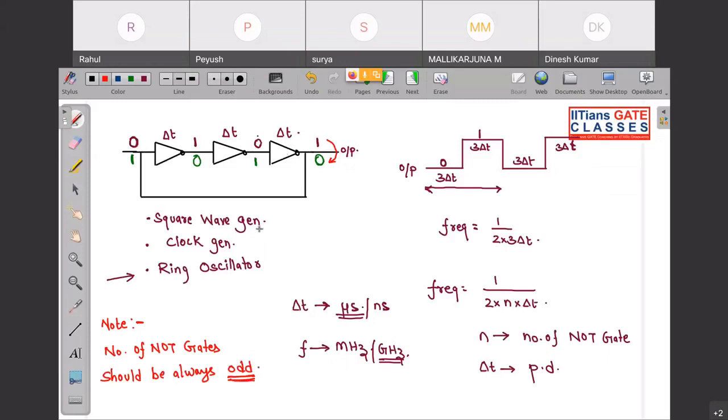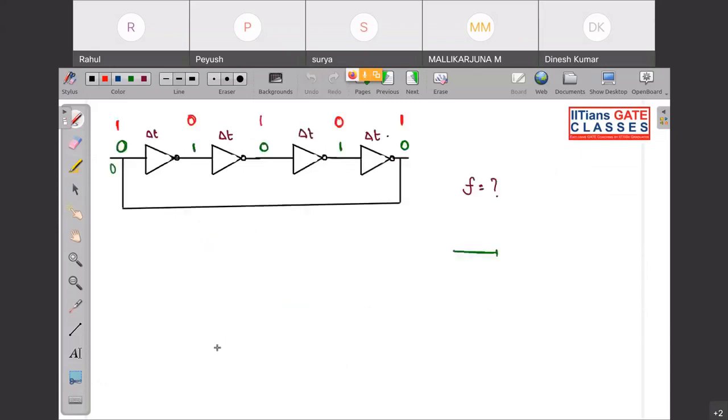If this kind of circuit has to behave like square wave generator or ring oscillator, number of NOT gates should always be odd. Okay, it should be always odd. This is not clock generator, okay, or even your square wave generator.